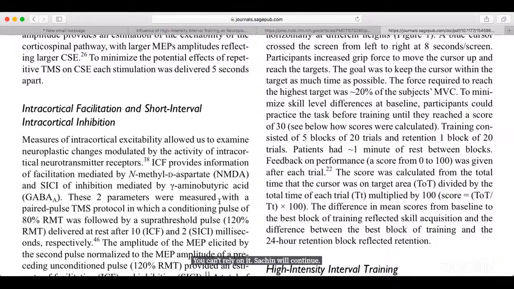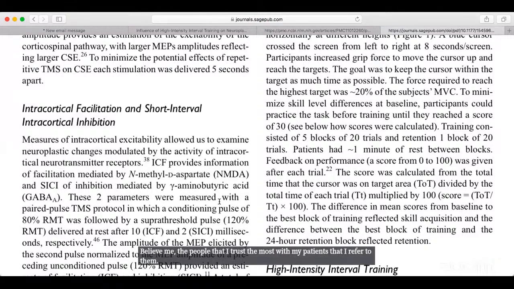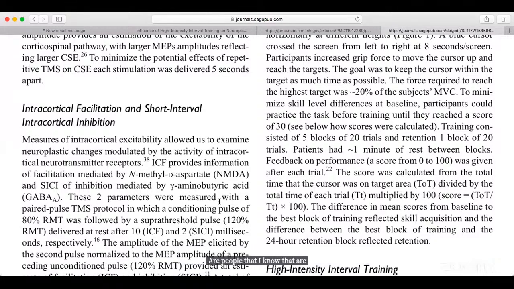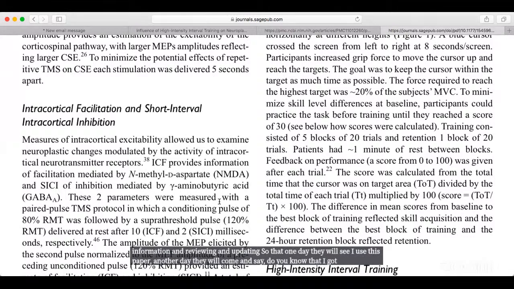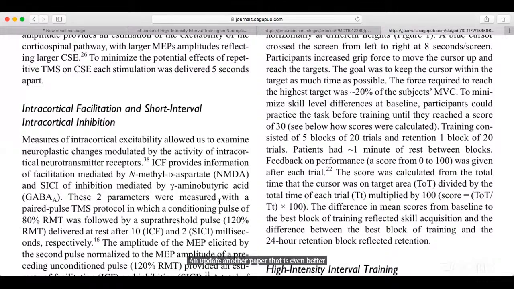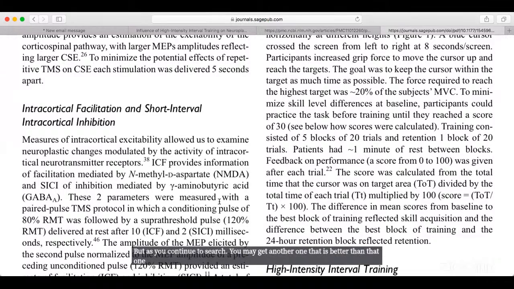Believe me, the people that I trust the most with my patients, that I refer to, are people that I know are always searching and getting additional information and reviewing and updating, so that one day they will say, I use this paper, another day they will say, do you know that I got an update, another paper that is even better than that one? Yes, I got it. So in as much as peer review allows the paper to be published, it's not harmful to your patient. But as you continue to search, you may get another one that is better than that one, and then you update.